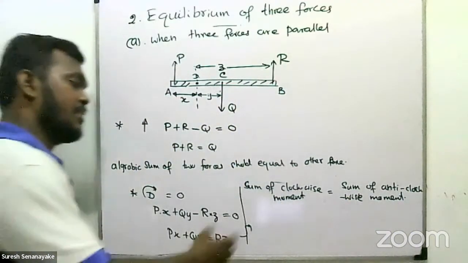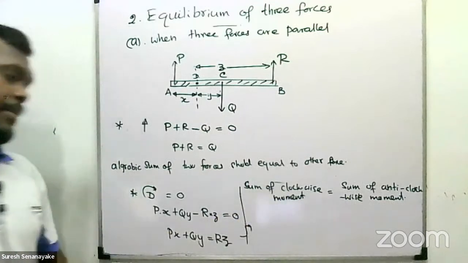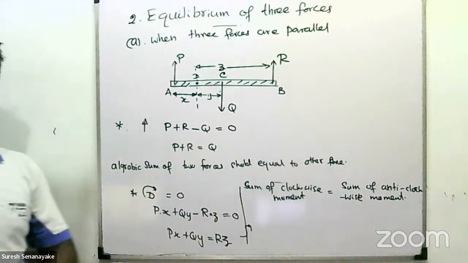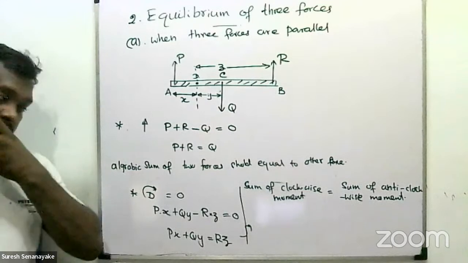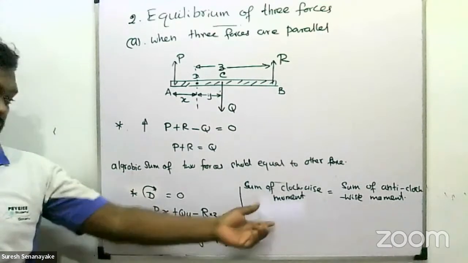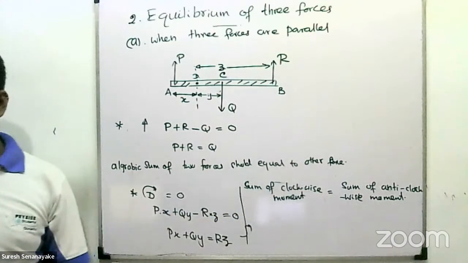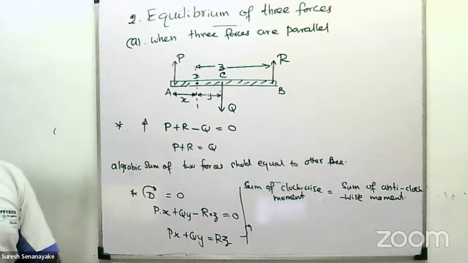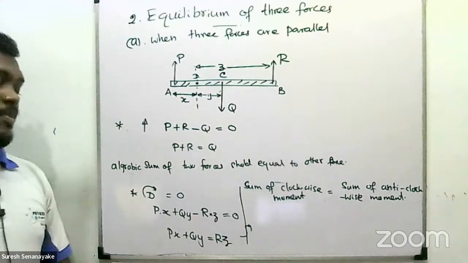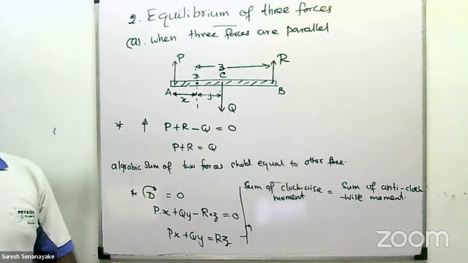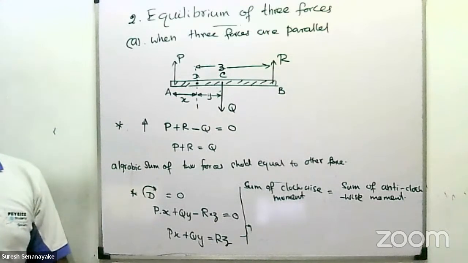So actually, this is the moment principle for equilibrium. For an object under equilibrium, you can use the moment principle like this, because there is no resultant force. So the resultant force is zero, then the algebraic sum of the moments of the individual forces in the system should be equal to zero.